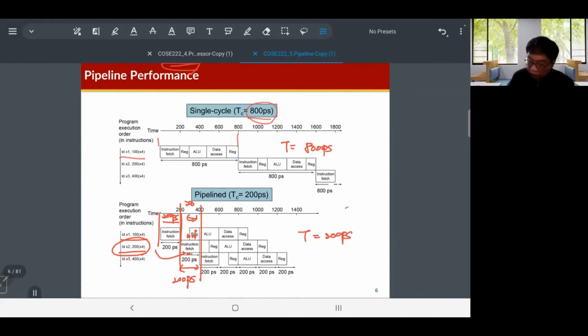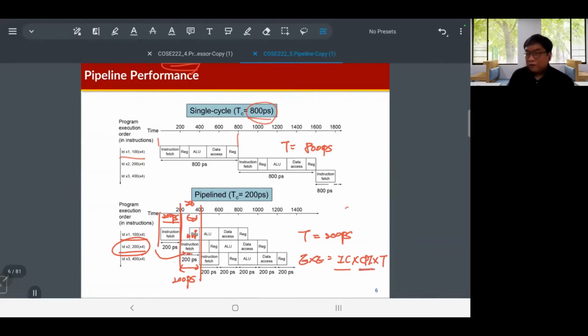And then, the execution time is the instruction count, CPI, and then T. The instruction count is the same. So that means that the software is the same, and also the instruction set architecture is the same, and the compiler options are the same, and then CPI.